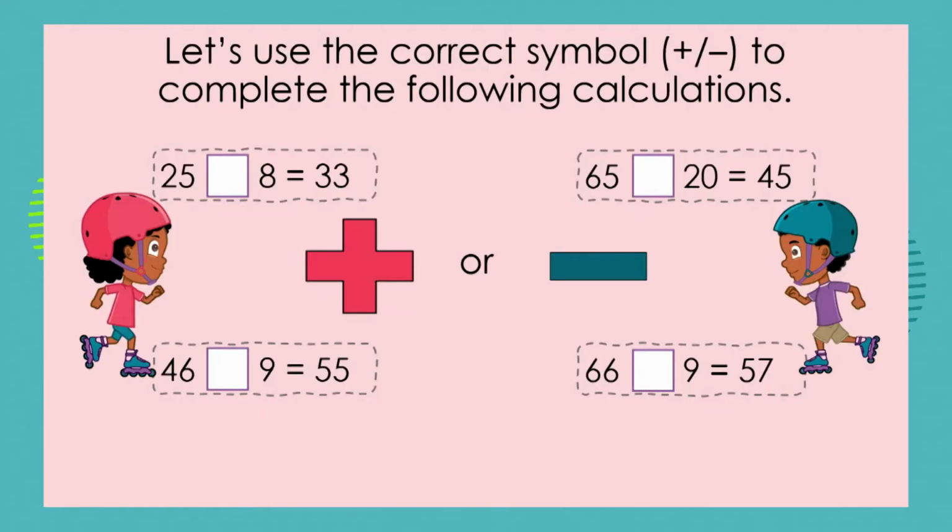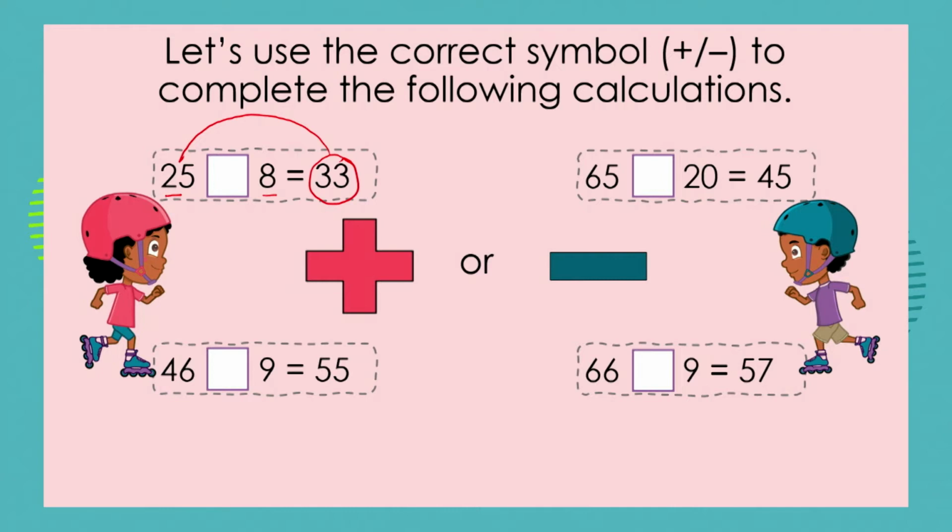So let's use the correct symbol to complete the following calculations. So we have 25 and we have 8. How do we make 33? One way I know is that 33 is bigger than 25, so it means I need to add something to 25 to get to 33.